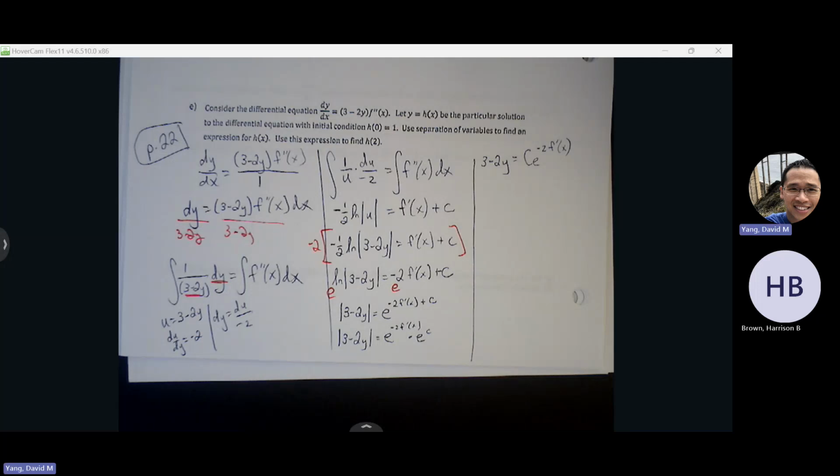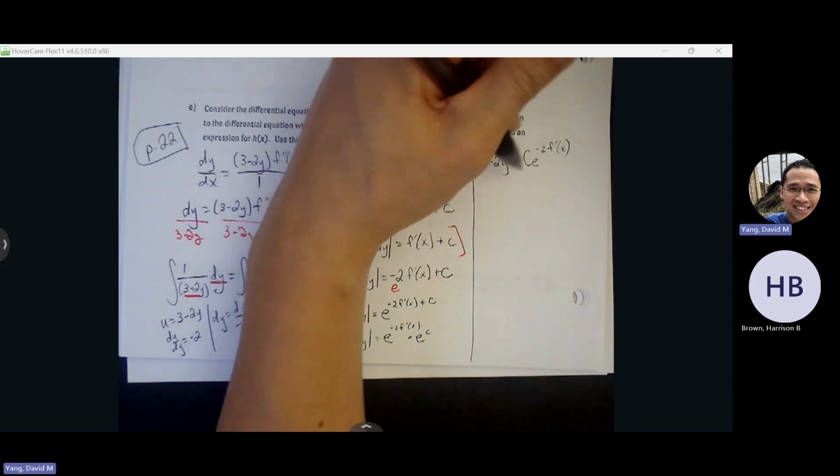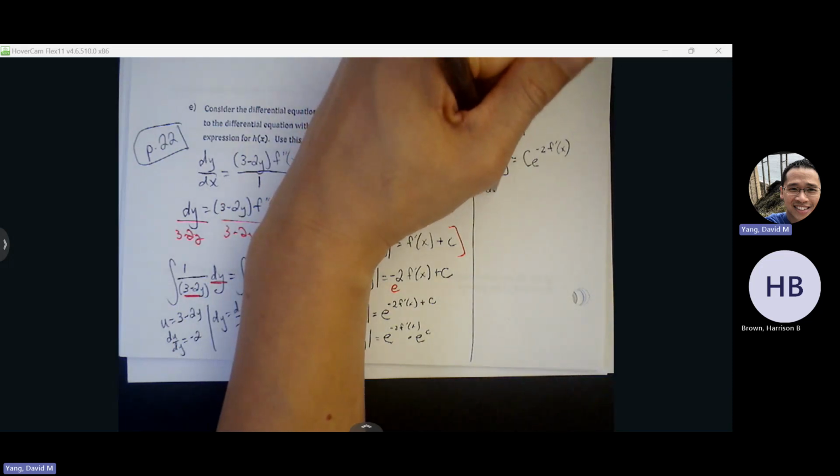Now I can move things around too. Actually, maybe at this point I'll go ahead and solve for y. So -2y.